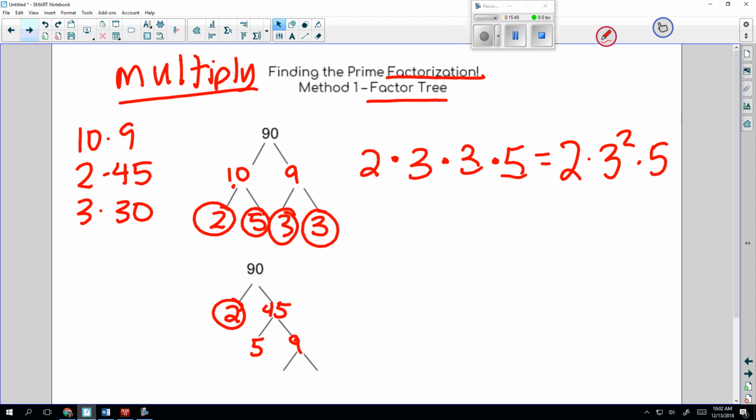Is 5 prime? Yes, so we're going to make it an ornament. What about 9? 3 and 3, so we're going to make them ornaments. Are we all done? Yes. Did we get the same factors? Yes. So does it matter where you start? No, because this one gives me the same exact factors. That's the cool thing about factor trees, they're very open. You can pick whatever one you remember. So it doesn't matter.